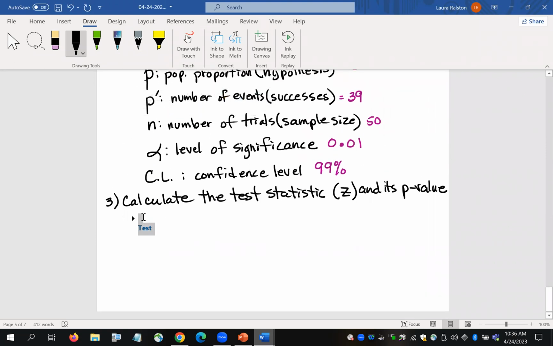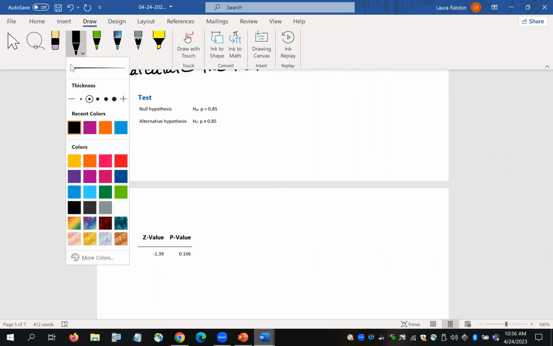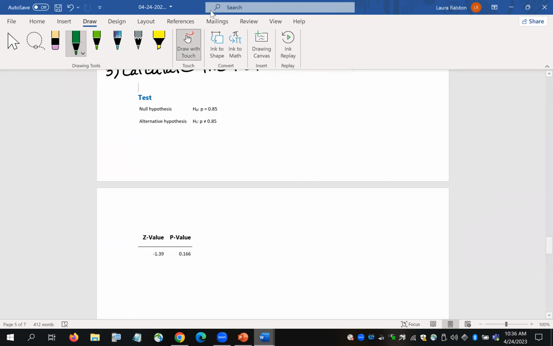For my test, I get a Z value of negative 1.39. So Z is negative 1.39. The p-value is 0.166. I'm pulling those numbers directly from Minitab.